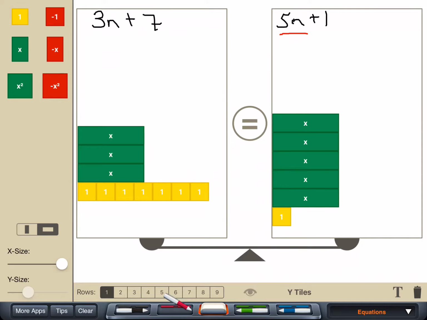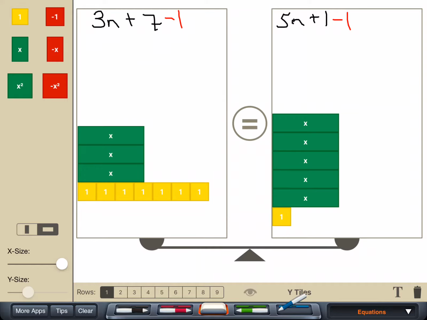So because of that, I am going to subtract 1 from this side and 1 from this side. Okay? So my intent here is to have at the end my n on this side and the value of n on the left side.